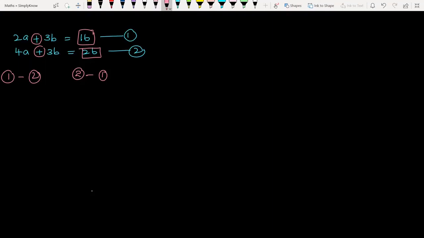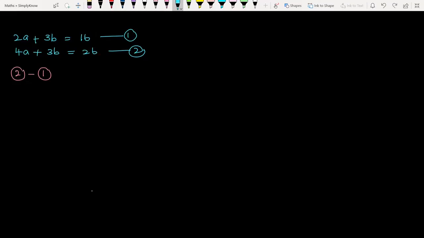So it's easy for us to deduct 16 from 26. That means first equation from second equation. So let me write it. Subtract the first equation from the second equation.